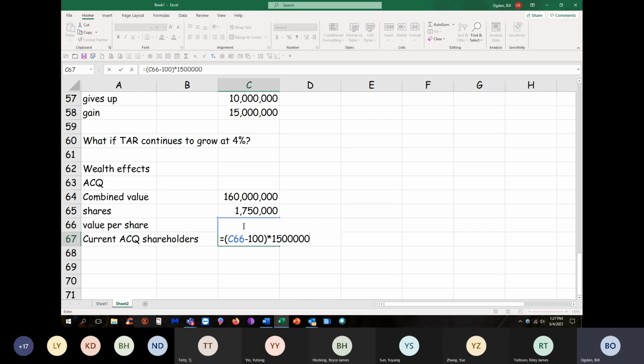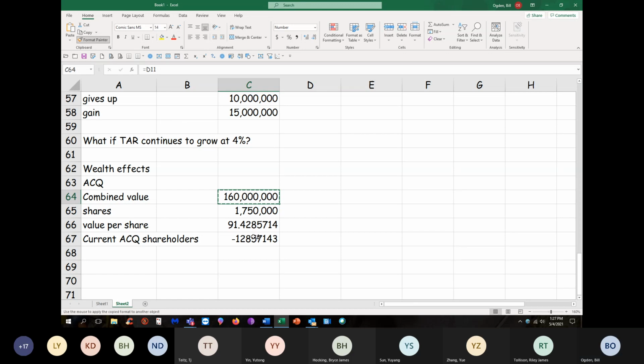Now they're worth $91.43. They still have their original 1.5 million shares. Do I have enough zeros here? Let's see. Comma. So 1,500. Yep, looks good. All right. So they lost $12,857,143.